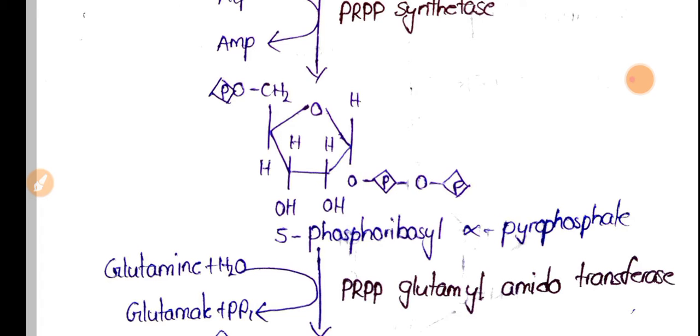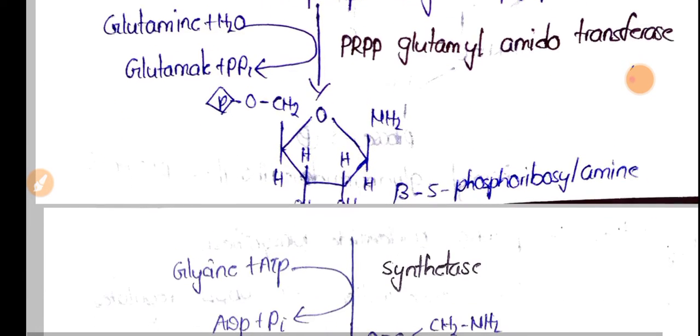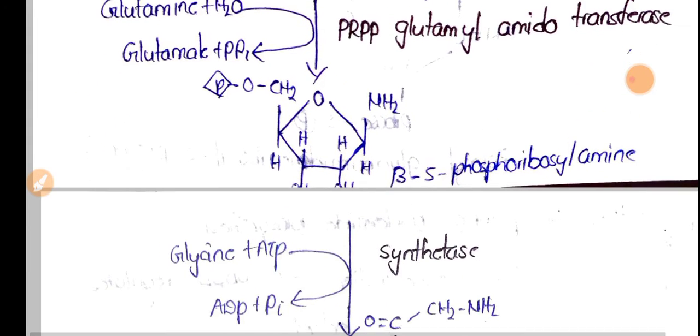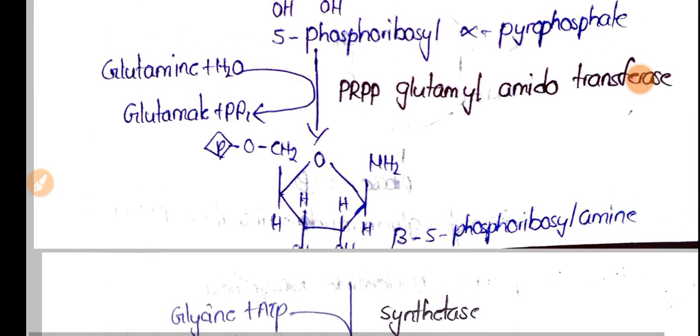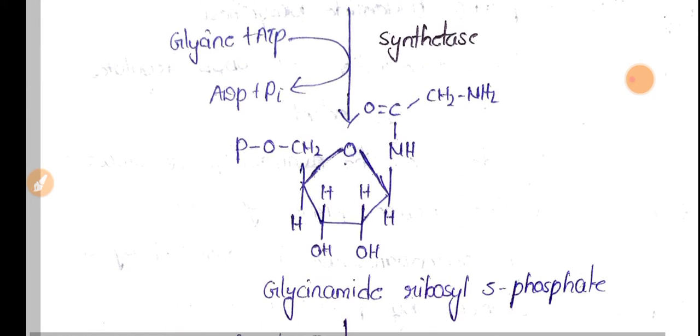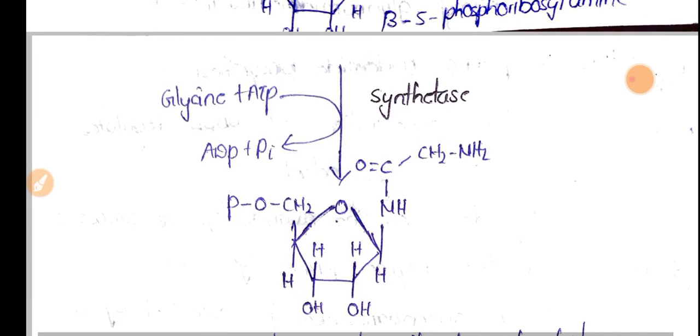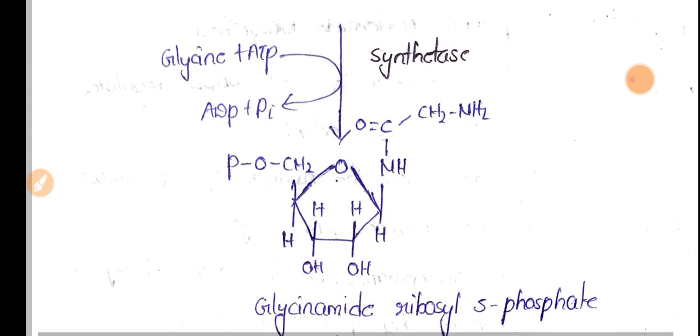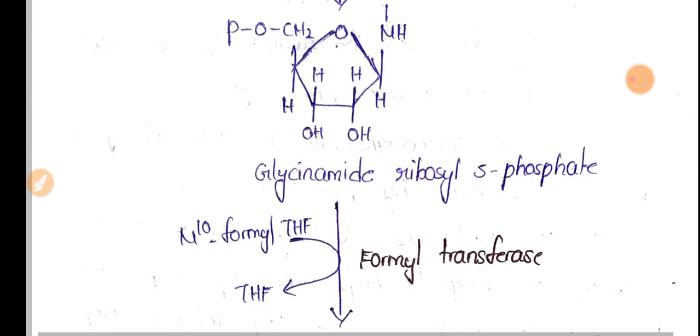Then this PRPP is converted into phosphoribosyl amine by donation of an amine group from glutamine. So glutamine will donate the amine group to this phosphoribosyl pyrophosphate to form beta 5 phosphoribosyl amine, and this is converted into glycinamide ribosyl 5 phosphate by the enzyme synthetase.